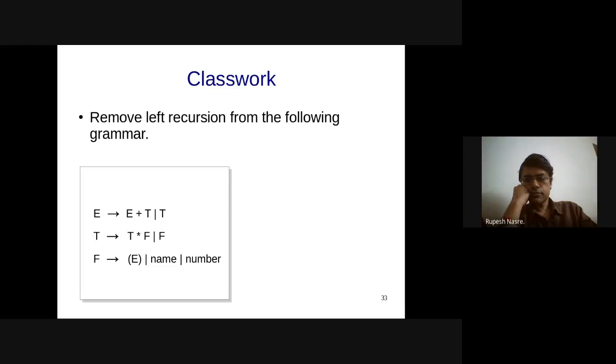Okay, E derives TE1, E1 is epsilon or plus T. Next it says E derives T or T plus E prime.